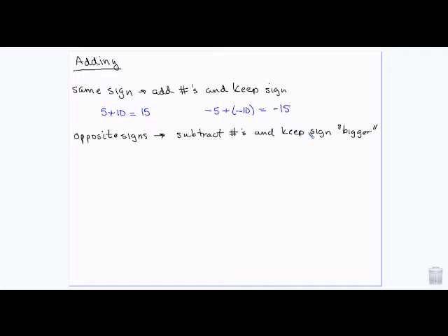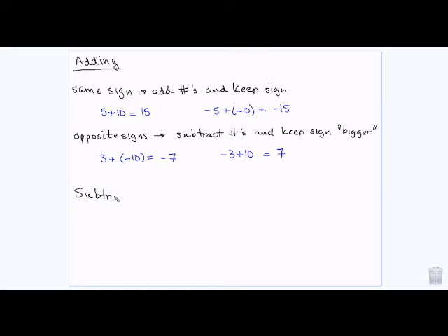Does that make sense? Okay, so we'll use that example. If I have 3 plus negative 10, they're opposite signs, so I'm going to subtract, but my answer is going to be negative because 10 was bigger. Whereas if I had negative 3 plus 10, still opposite signs, and I'm going to subtract, but it'll be positive 7. So whichever number is bigger, that's the sign you end up with.